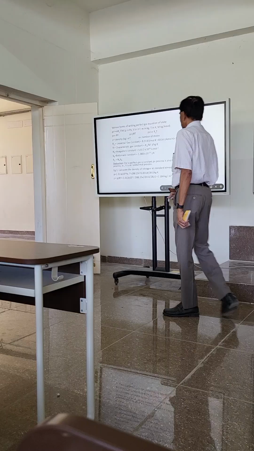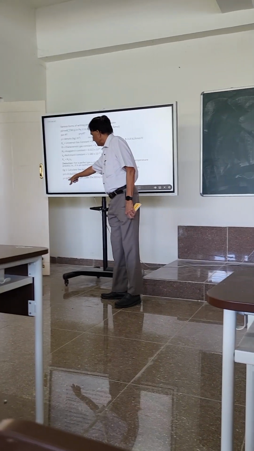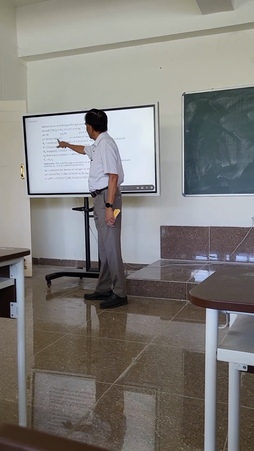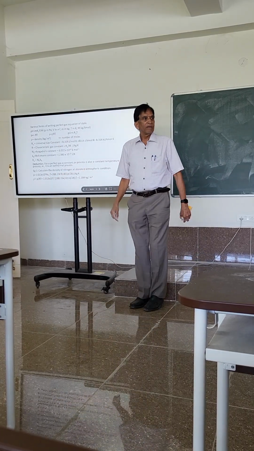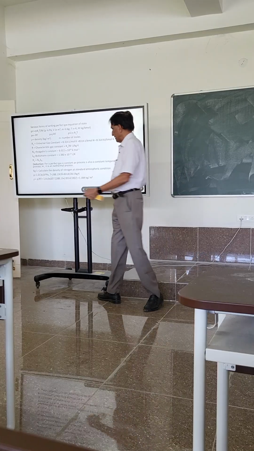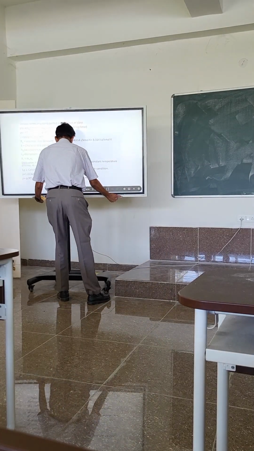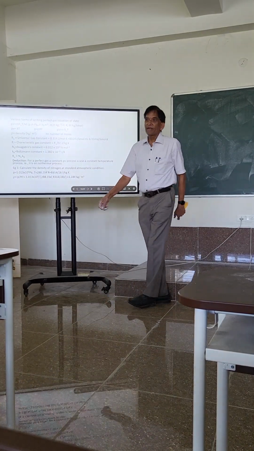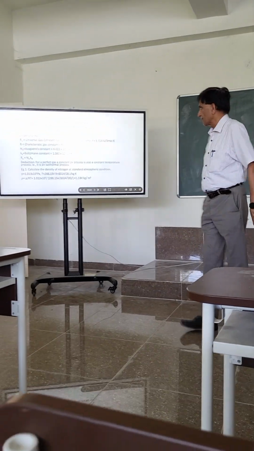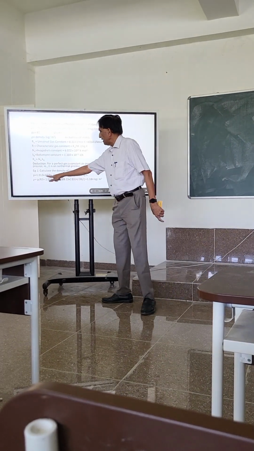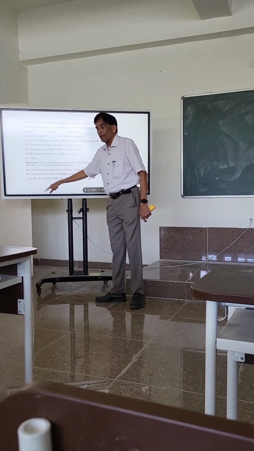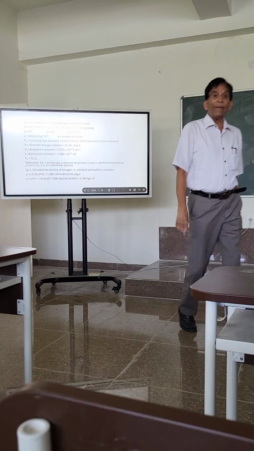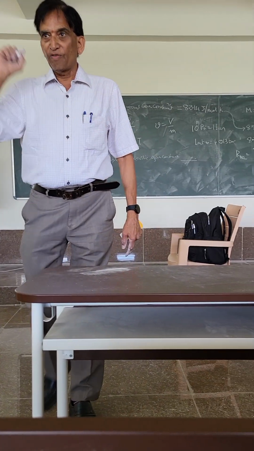So the density of nitrogen is p by RT. Remember standard atmosphere is 1.013 times 10 to the 5 Pascal; 1.013 bar, and 1 bar is 10 to the 5 Pascals.